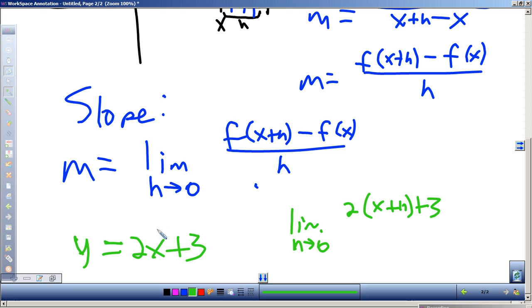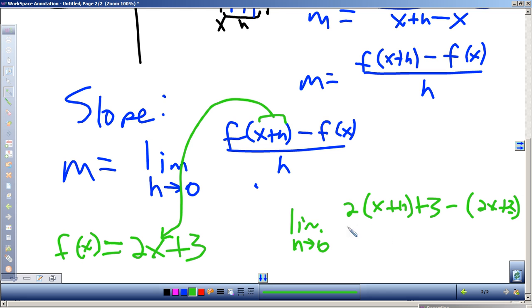That is just taking x, putting x plus h into x. Minus f of x, so I can rewrite this as, if y equals and f of x equals are equivalent, 2x plus 3, all over h.